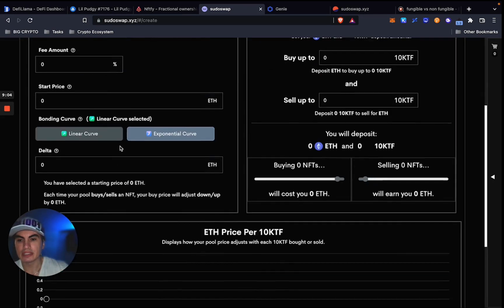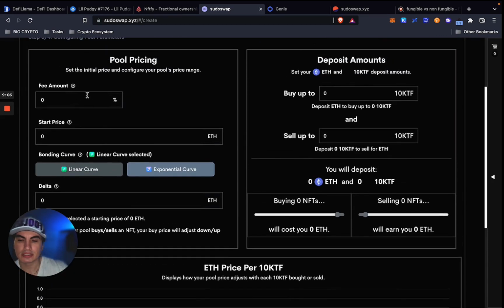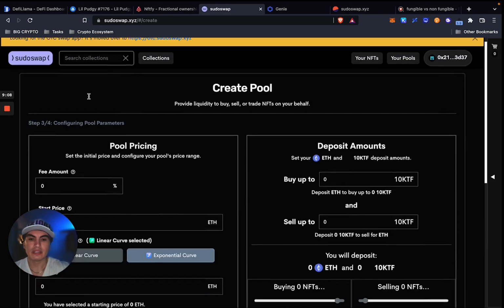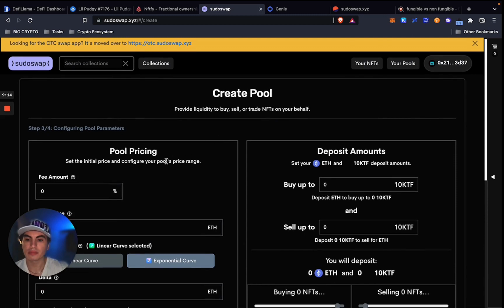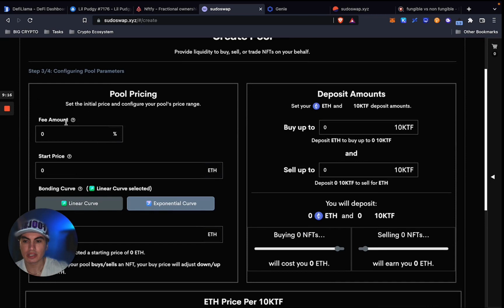And the difference here is that you can set trading fees on these pools, because remember, SudoSwap essentially provides users abilities to create pools and make their own trading fees. So here, I want to be competitive, right? Let's say OpenSea has 5%, I want to charge only 2.5%. And then my starting price is going to be, of course, 1 ETH, just to keep it simple.